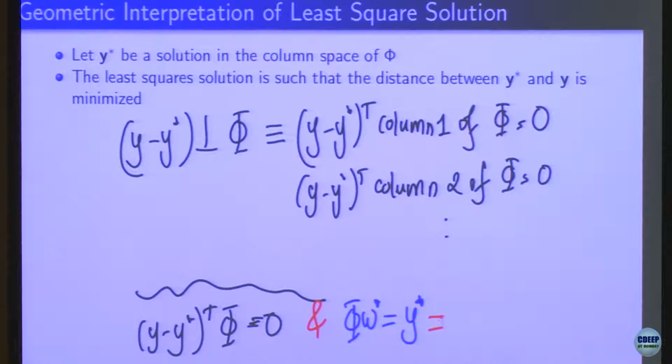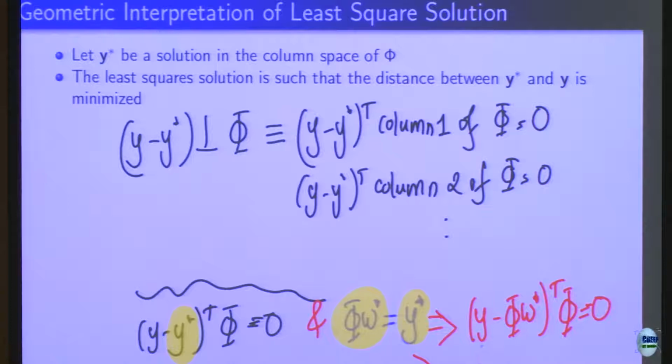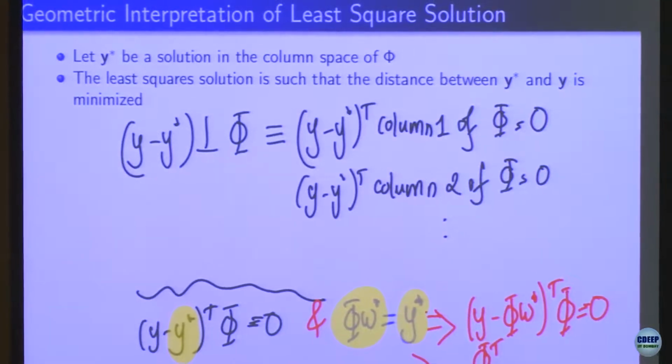What would these two mean? Now I should be able to solve. So y star is phi w star. So you substitute it here. Substitute for y star as phi w star here, and that will give you y minus phi w star transpose phi equals 0. I could take it the other way also, that may be easier.